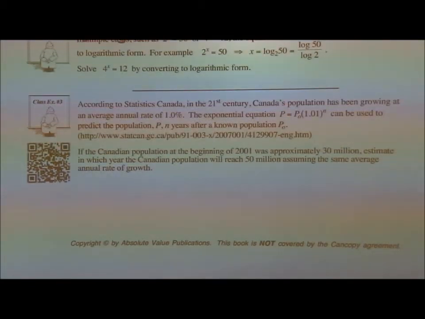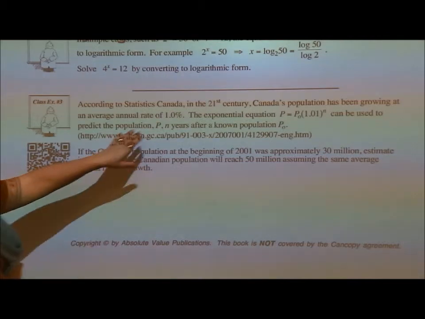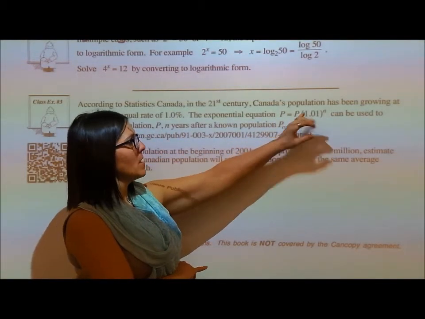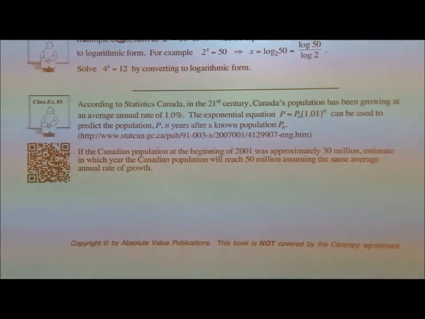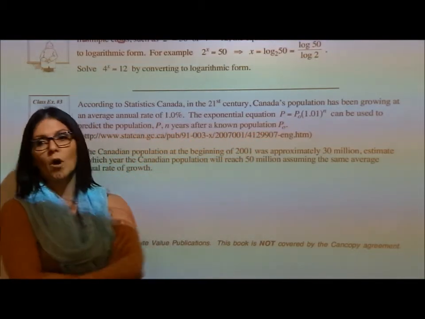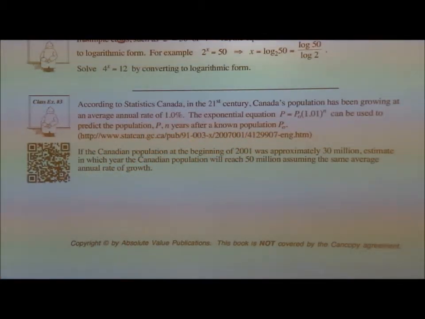Stats Canada says in the 21st century, Canada's population has been growing at an average rate of 1%. So I can use this exponential equation, P equals P of 0 times 1.01 to the power of n. P is the population n years after a known population, which we call P of 0.